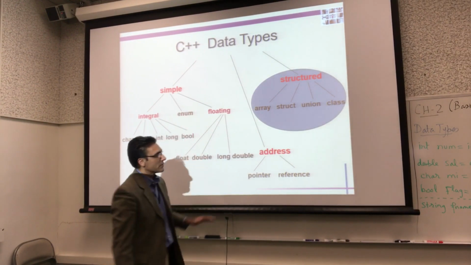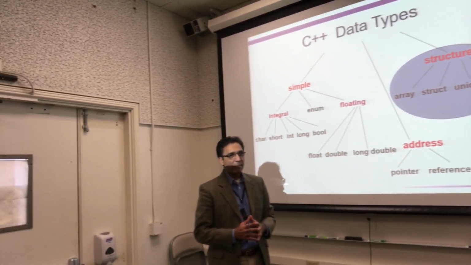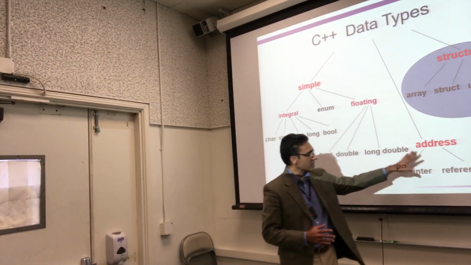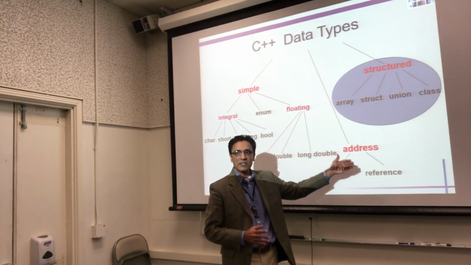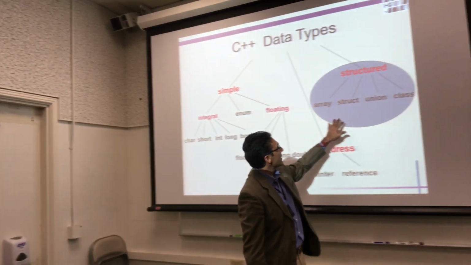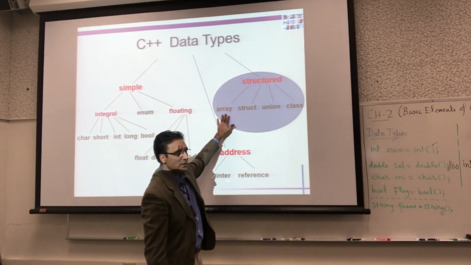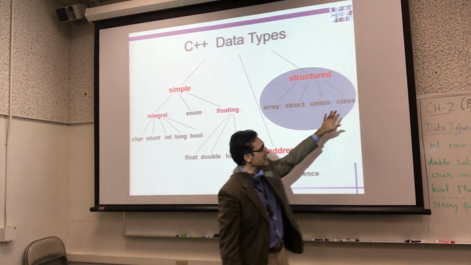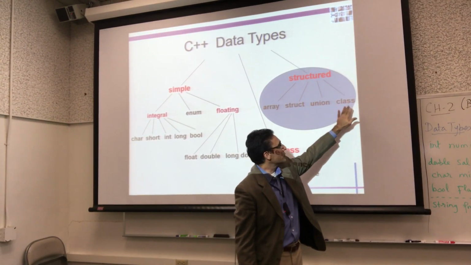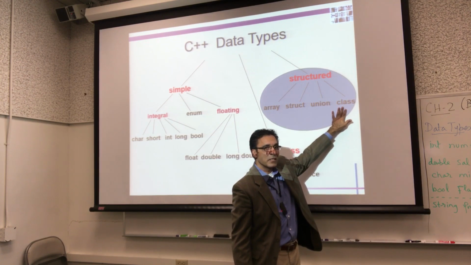Under simple data types, we'll pick about 4 of them. Under address data types, we'll use references later, and pointers we use in CS12. In structured data types, we'll be using arrays, I think Chapter 8, data structures in Chapter 9, classes in Chapter 10. So there's a chapter assigned to each of these concepts.